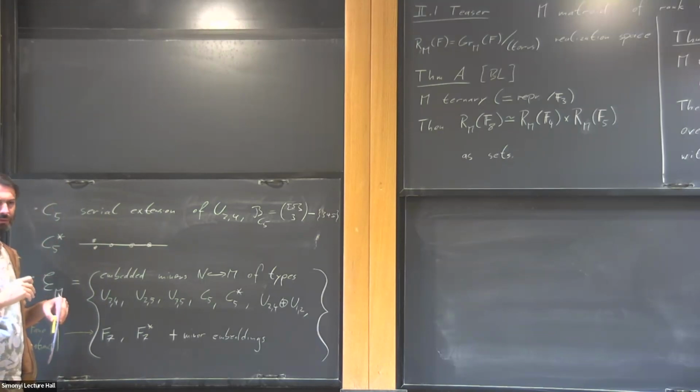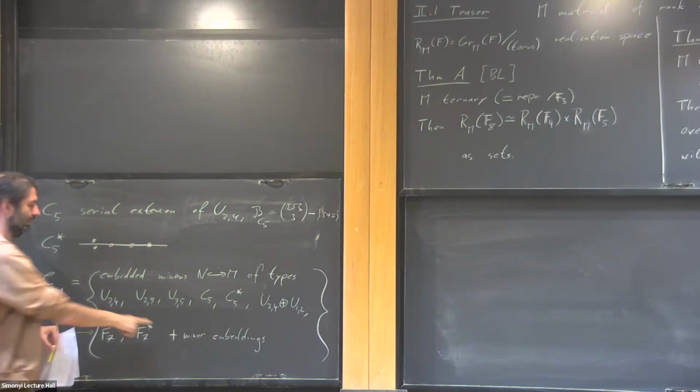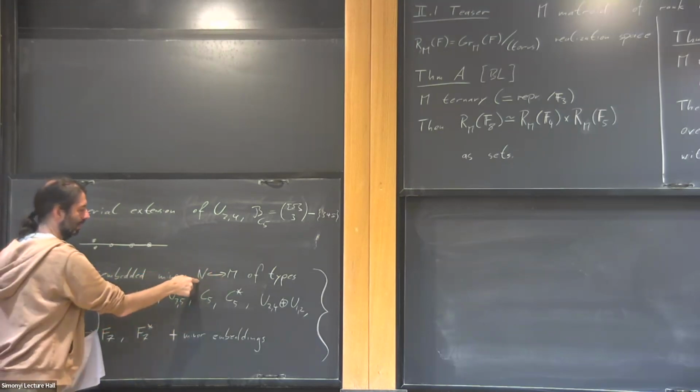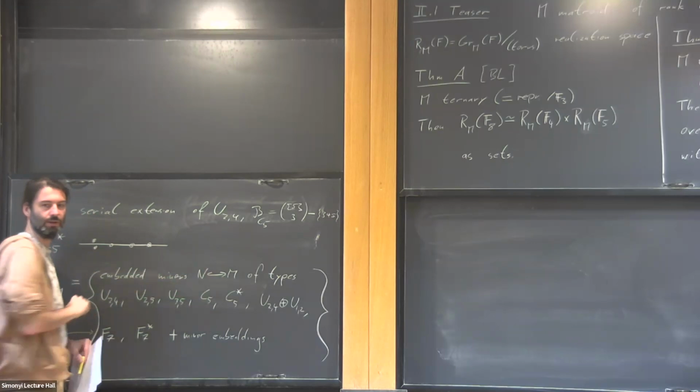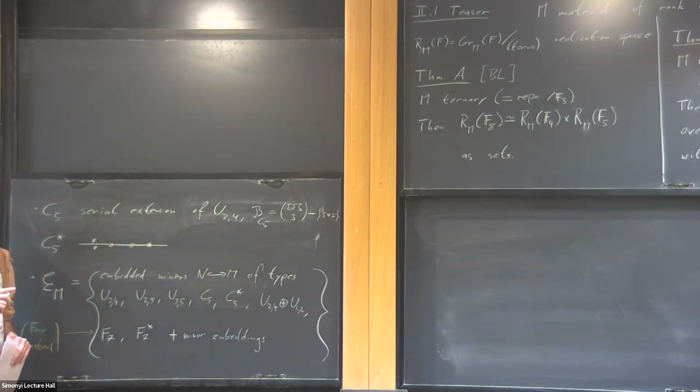With this obvious notion, I can take smaller minors, and then I get minor embeddings here. So it's just formally a diagram of minors and certain arrows.